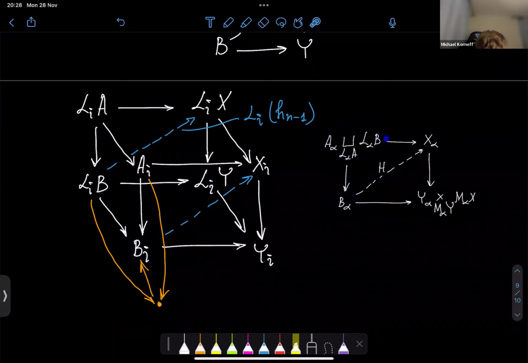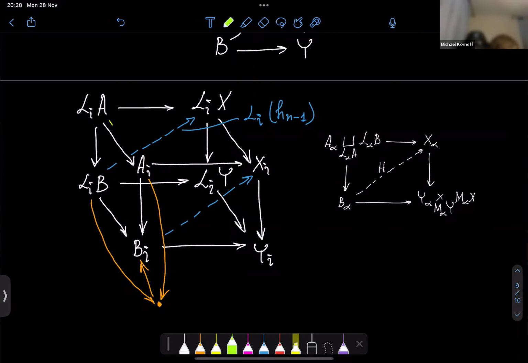Okay, what is the following map? This map is from the universal property of pushouts. We have the following co-cone.